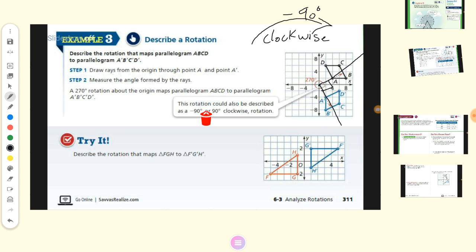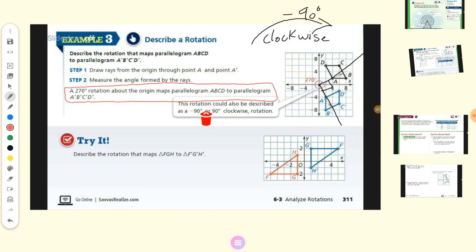We can call it what? A rotation about the origin maps parallelogram ABCD to parallelogram A dash, B dash, C dash. This is how to answer it.